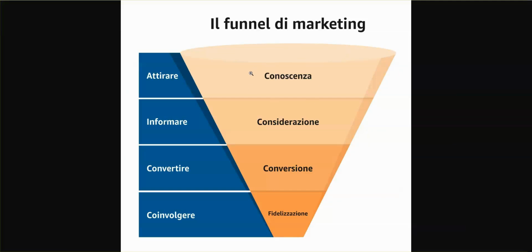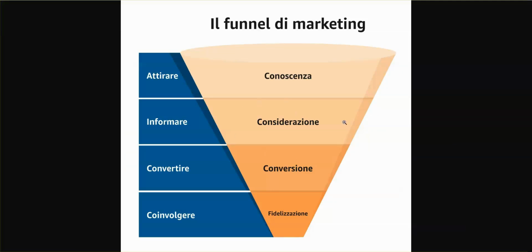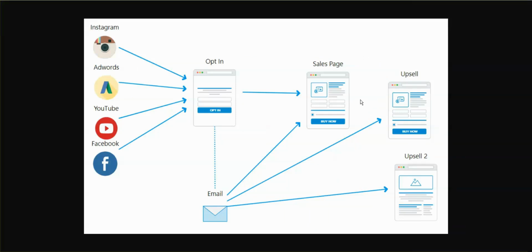As we saw, initially they don't know us, then they start to get to know us with the first step. Eventually, they leave us their information on an opt-in page and then end up on a sales page, a page that allows them to consider our product or service as better than those of the competition, and then buy, thanks to the buy now button.